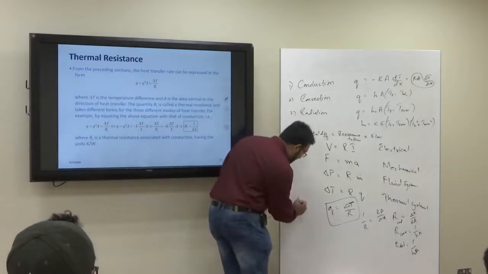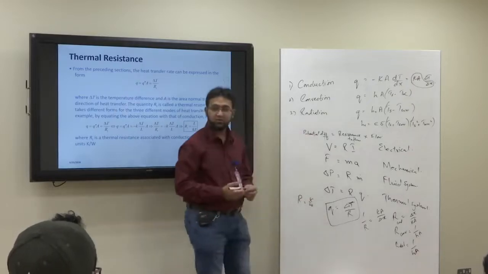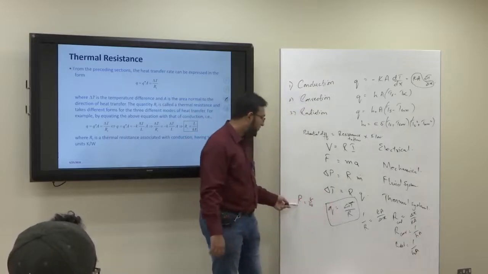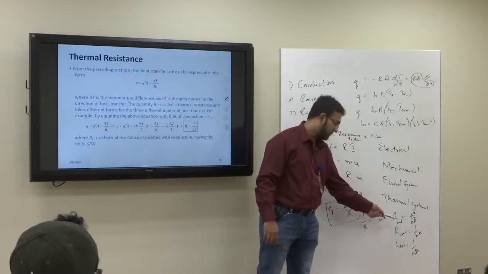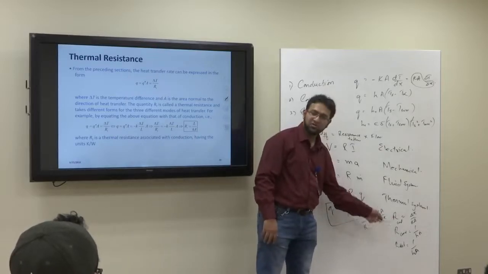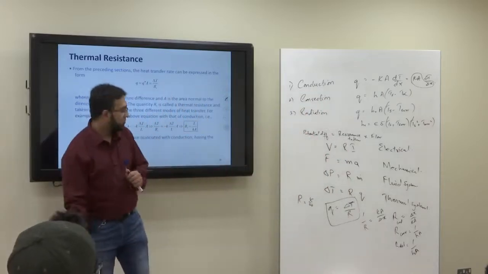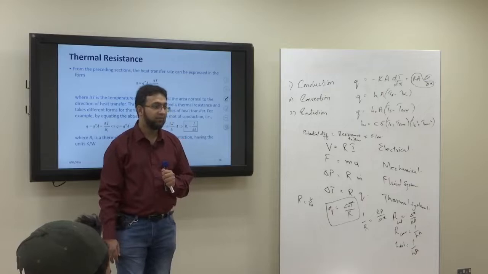Because this is the same formula, the unit of R would be the same. Whether it's R conduction, it's Kelvin over watt. R convection, Kelvin over watt. R radiation, Kelvin over watt. Got it? So that's the thermal resistance.